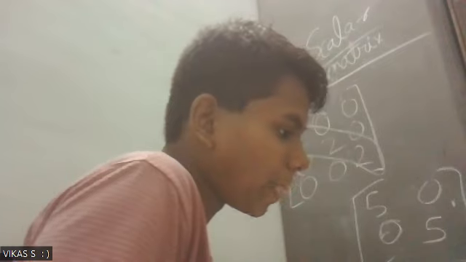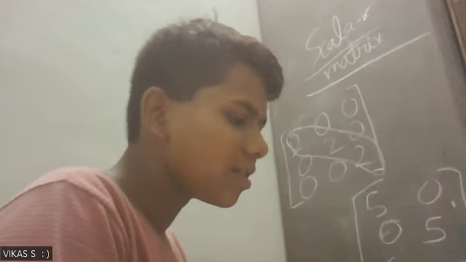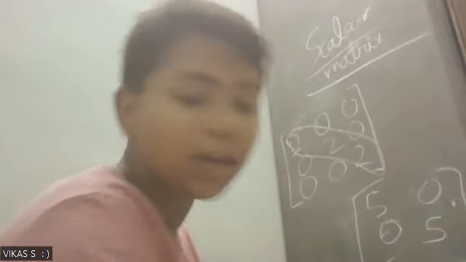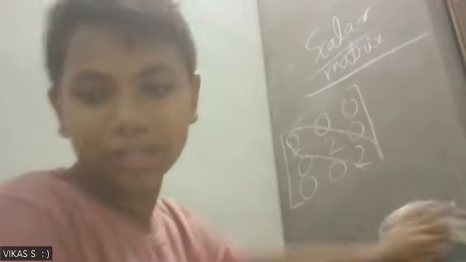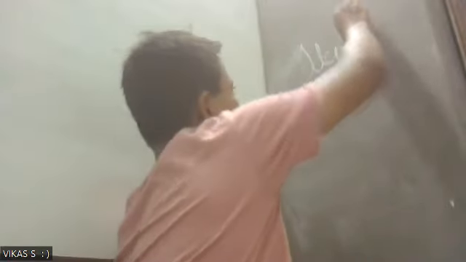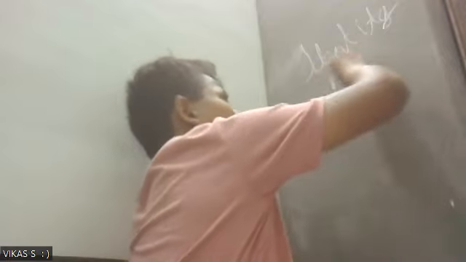Then we have something kind of important that will be asked in your exams in the form of an equation like 6I or AI. What is I? I is the symbol of the identity matrix.